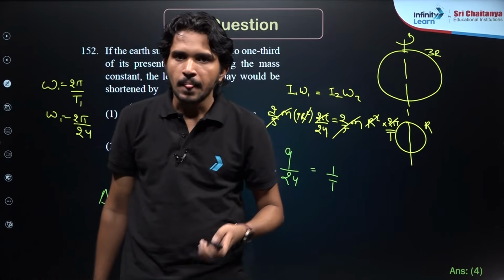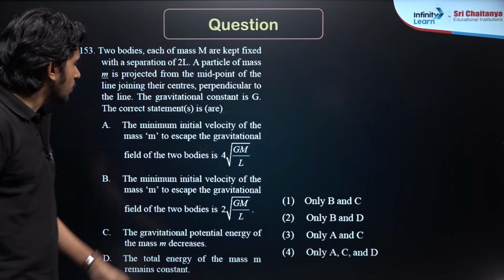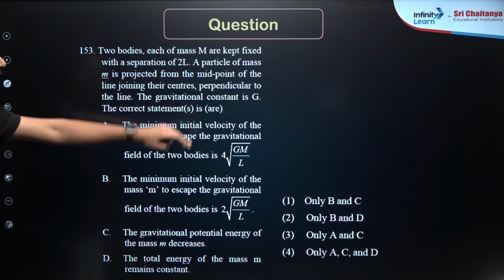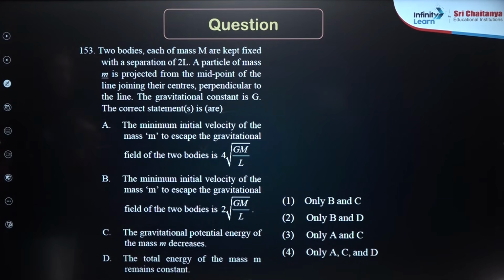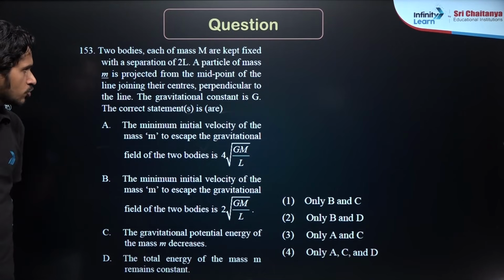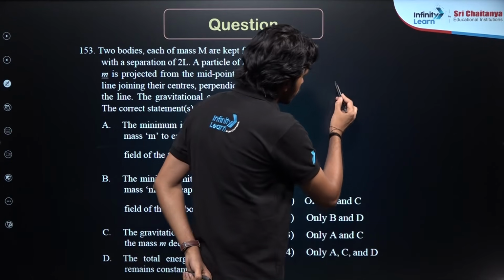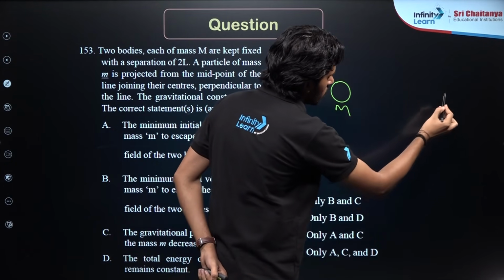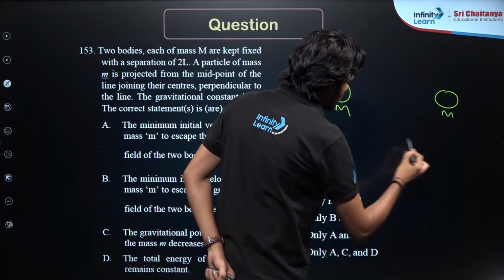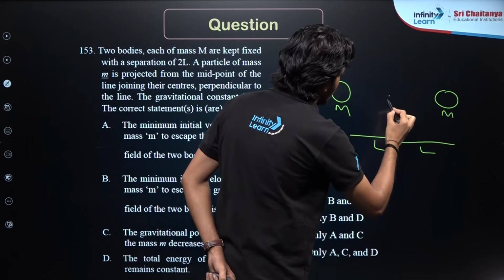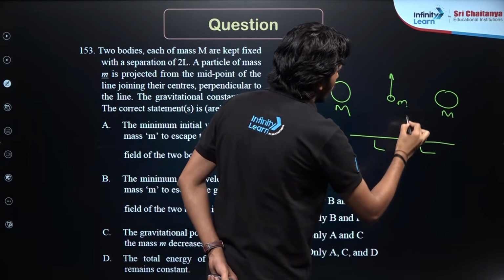Okay, now let's see the next problem. In next problem we have two bodies each of mass m kept fixed with a separation of 2L. A particle of mass m is projected from the midpoint. Two bodies each having mass m, separation is 2L, and we projected one small mass.